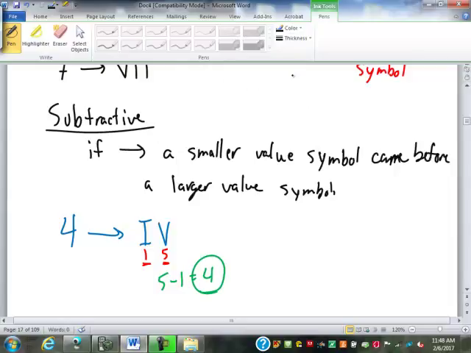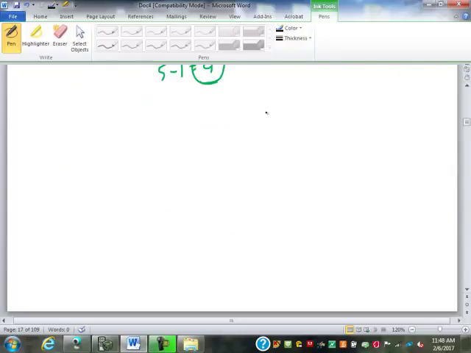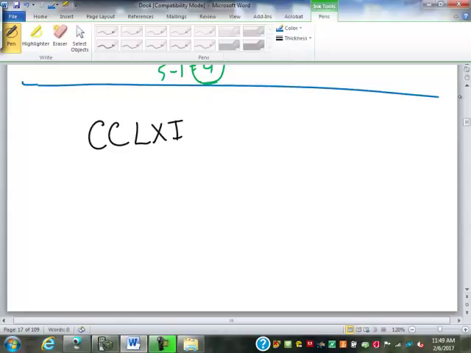So when we are interpreting Roman numerals, we have to keep that in mind. We cannot record the value of a symbol until we look at the symbol that follows it. For example, if I have CCLXI, a relatively simple number in Roman numerals here.